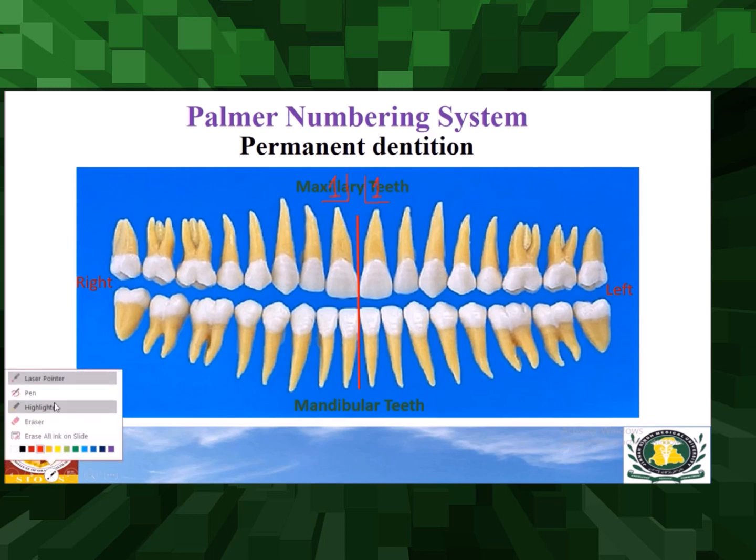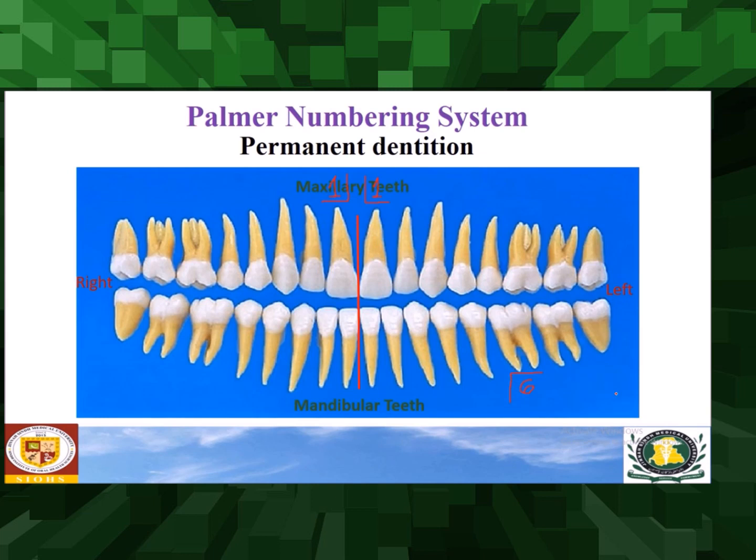So we will write 6 over here. Now 6 is used for all the first molars. In order to distinguish it from the rest of the first molars in the maxillary and the mandibular arch of the other side, we draw this symbol that indicates that it is of the mandibular arch, and in the mandibular arch this tooth is on the left side.